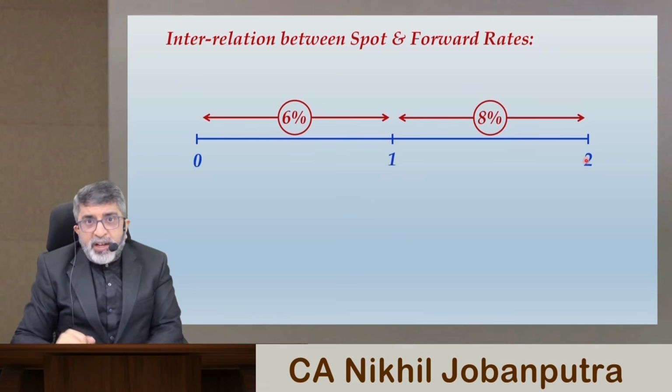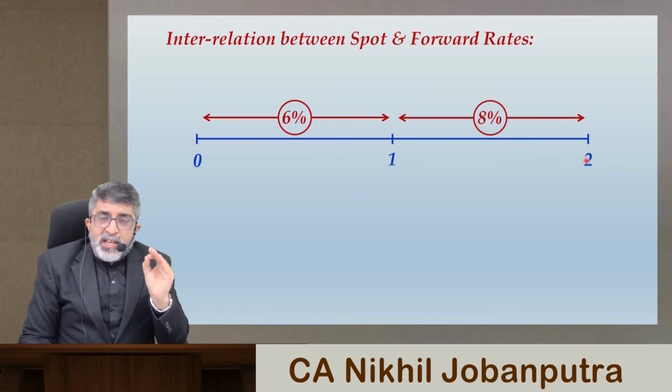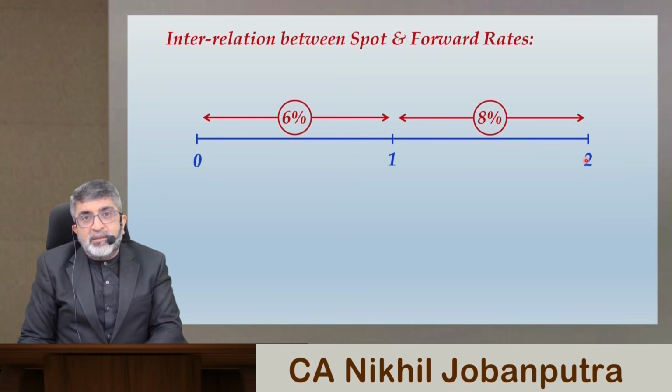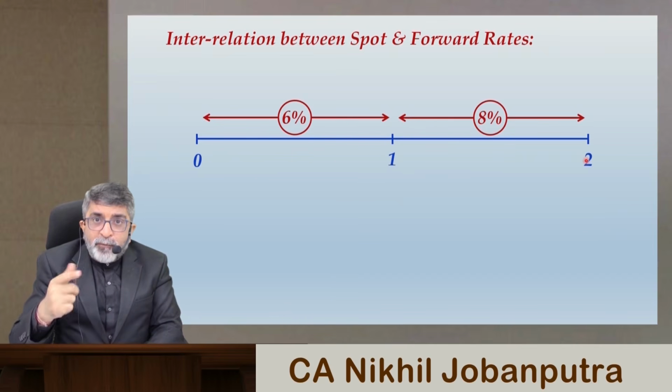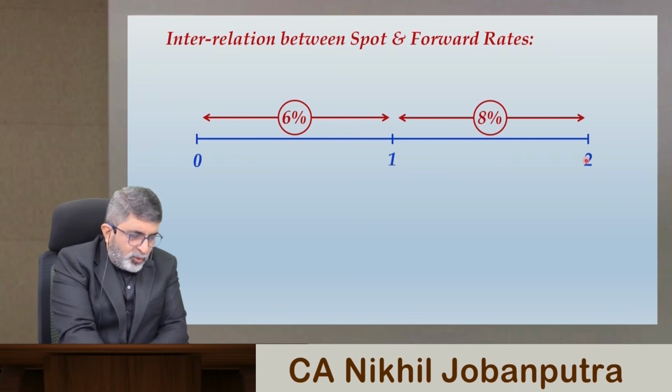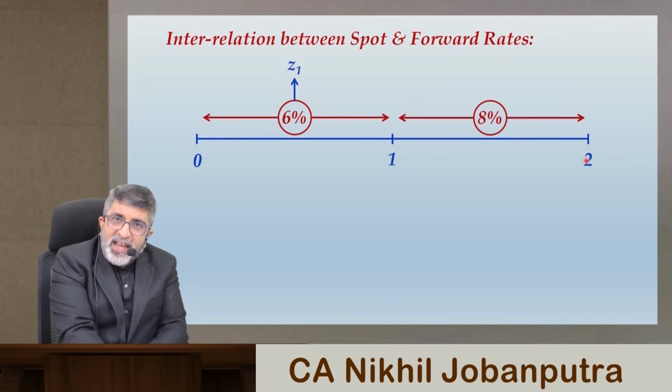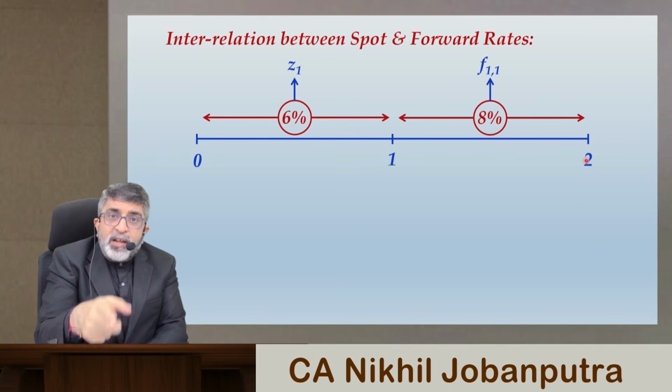This is not a spot rate, correct? It is definitely a forward rate. It is starting after 1 year and it is for a period of 1 year. Means it is a 1 year forward 1 year rate. So this 6%, as I said, is Z1, and this 8% is F1,1, meaning 1 year forward 1 year rate.